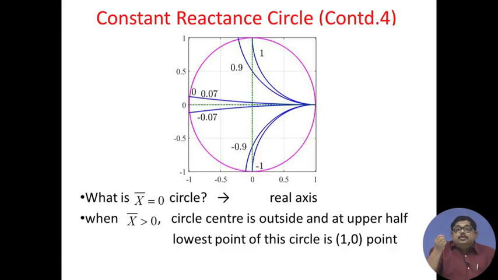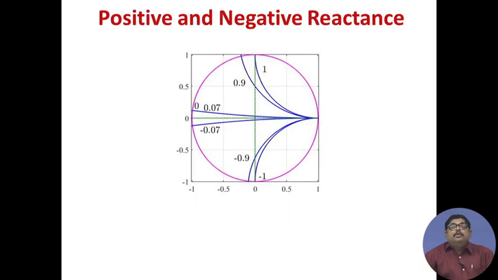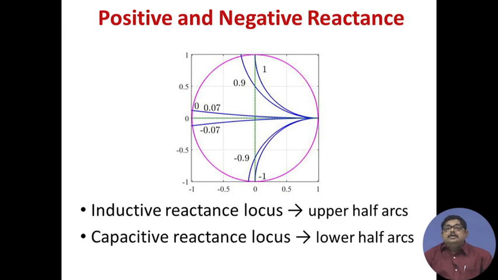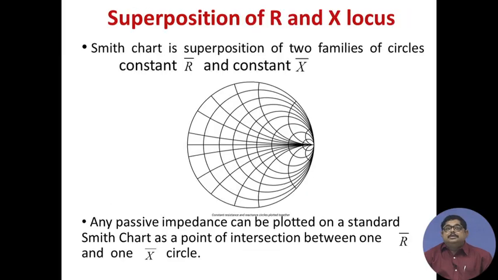So, you can see the positive and negative reactances. From this we can say that inductive reactance loci are upper half arcs, as you can see clearly, and capacitive reactance loci are the lower half arcs.